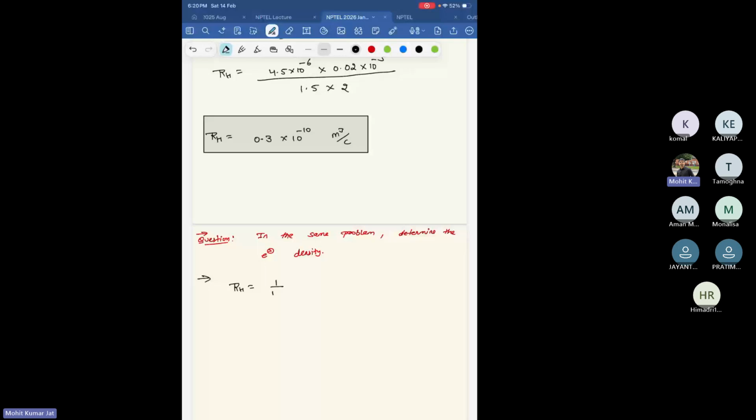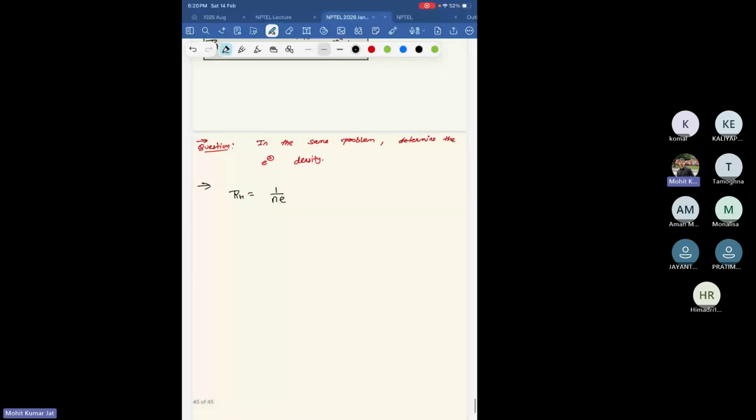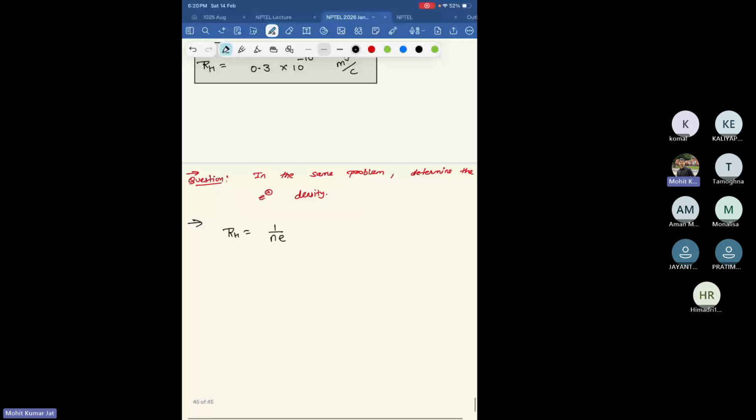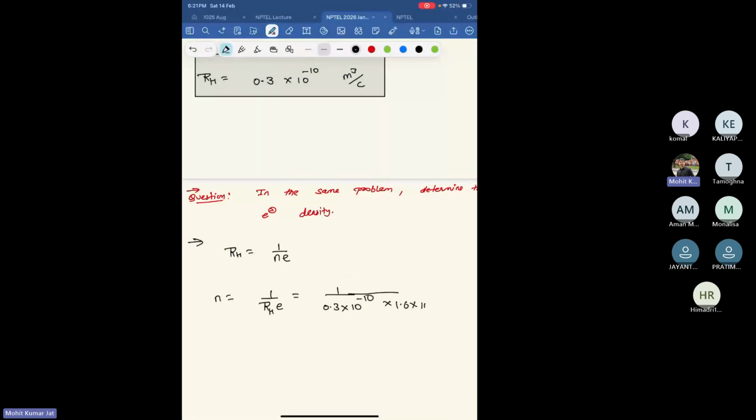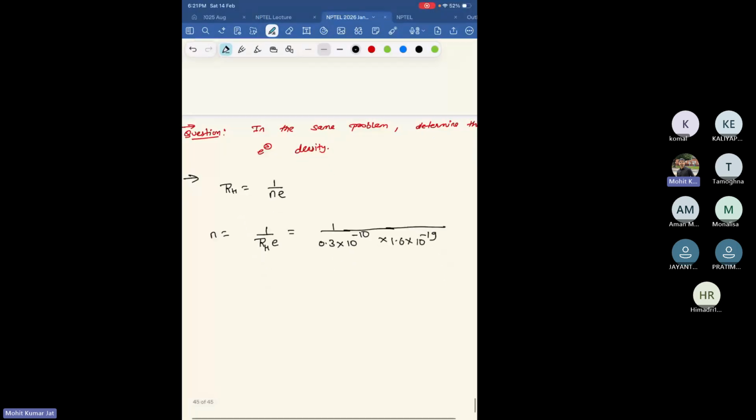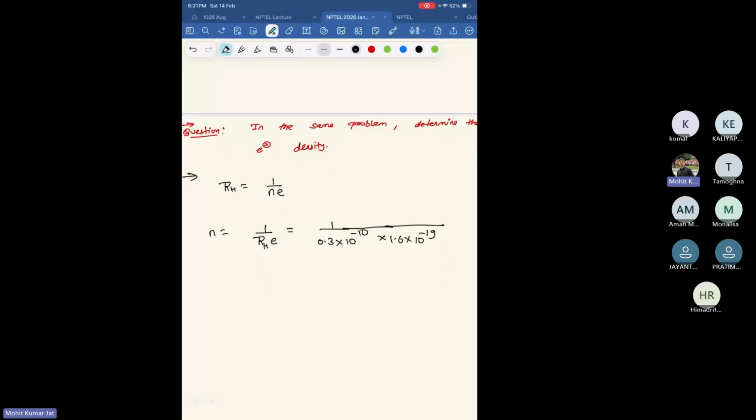So now you know the RH. So N will be nothing but 1 by RH times E. So RH is 0.3 into 10 power minus 10 into 1.6 into 10 power minus 19. 19 and 10 will be 29, and it roughly turns out to be 0.2 into 29. It will be roughly around 2.08 into 10 power 28 per meter cube.